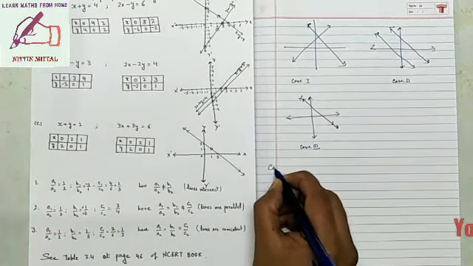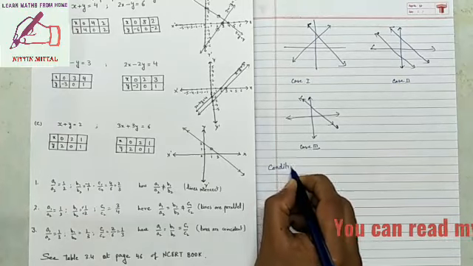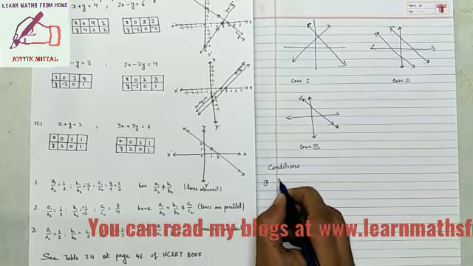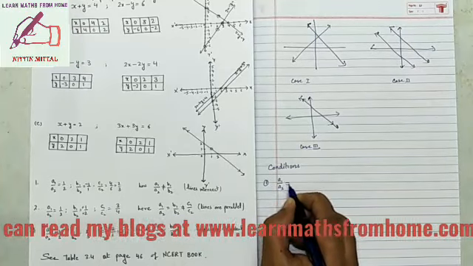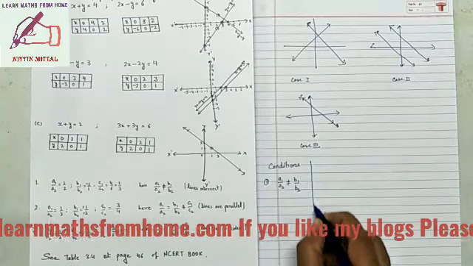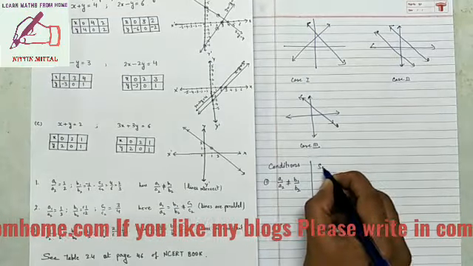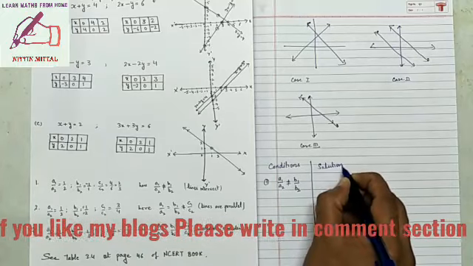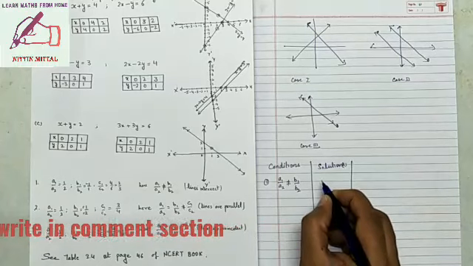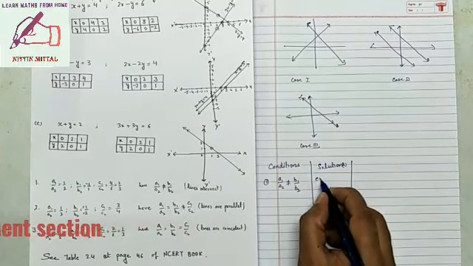Let me give these results as conditions. So condition number 1, a1 over a2 not equal to b1 over b2. In this condition, what can you say about the solution of the equations? You can say exactly one solution.